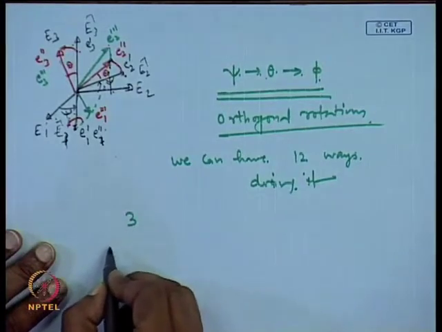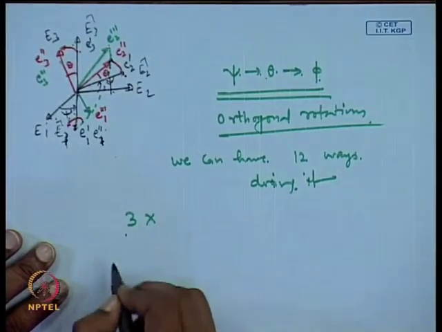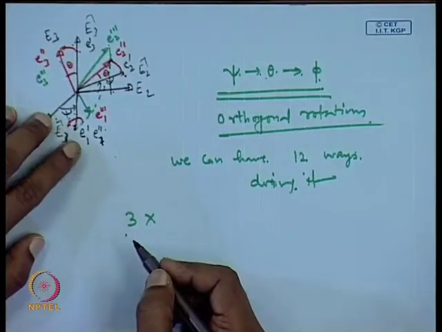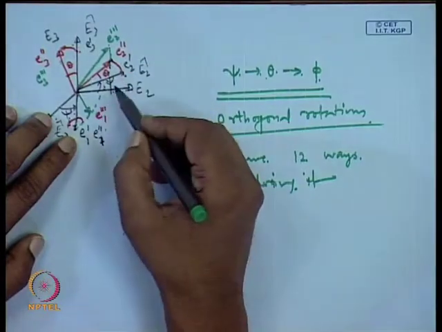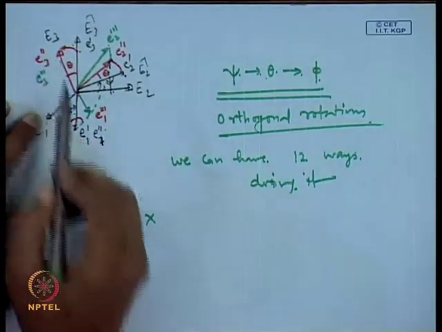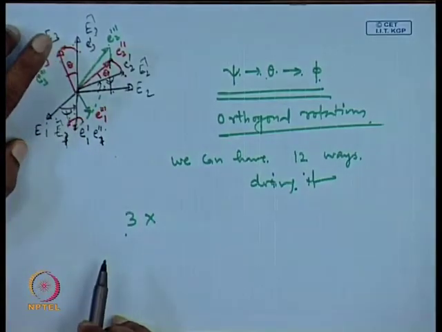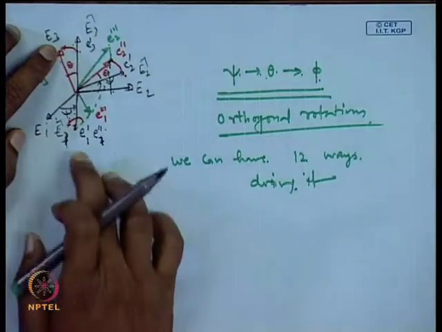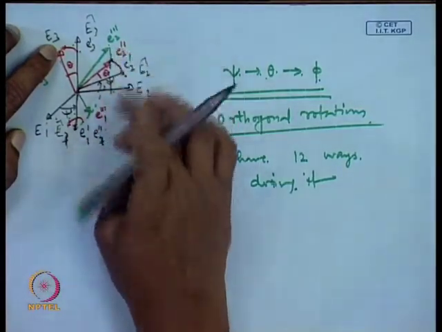So, the first rotation can be given in 3 ways. Okay. Once we have given the first rotation, the next rotation can be given only about the remaining 2 axes. We cannot give it about the first axis. Like here we choose the third axis to rotate it. Okay. So, thereafter we are left with E1 and E2 axes to rotate it.